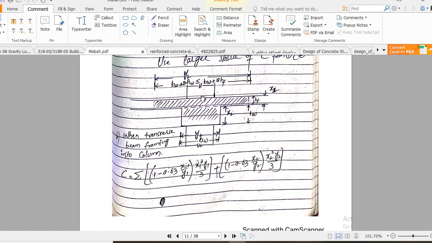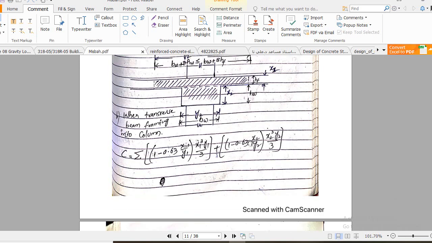But what will be the width of this y2? So this will be equal to bw plus 2hw, less than or equal to bw plus 8hf, remember. And in this case you will use the equation for C, this one, clear? And also remember, this is very important. We will also use a concept, I will do some examples on it.